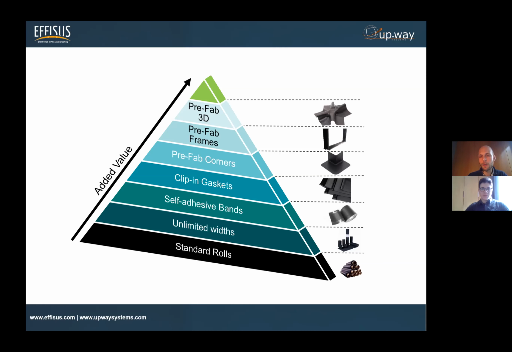Prefab 3D, something that you can have on your project without the need of doing any kind of detailing with the membrane, for a very specific and challenging detail. So a 100% customized solution that just fits the detail, going all the way to full customization. This pyramid will be adding value, of course, as this is the most customizable solution that we may have.